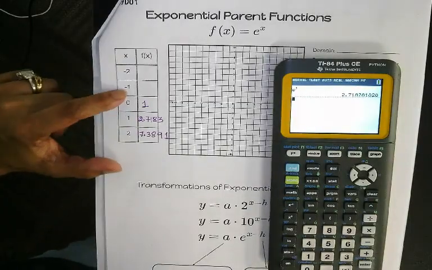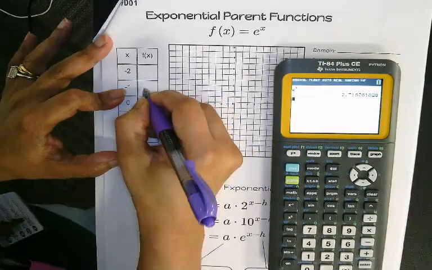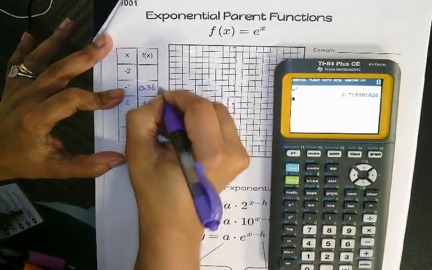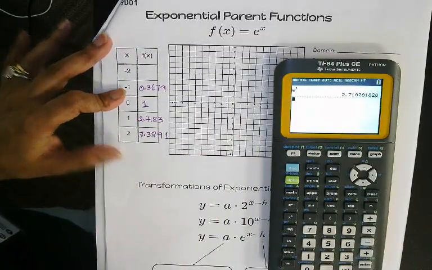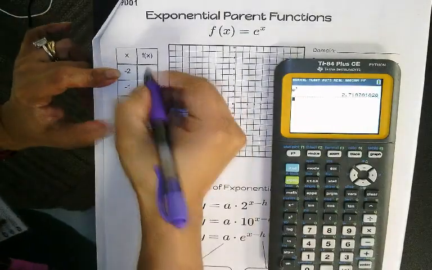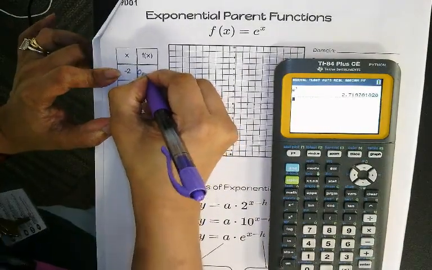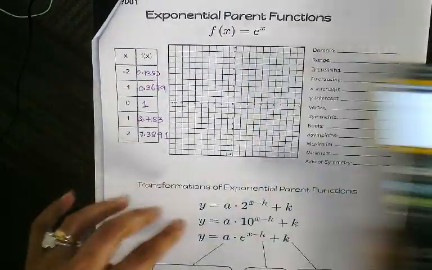Give me the value for e to the power negative 1. 0.3679. Give me the value for e to the power negative 2. 0.1353. Thank you. All right, we're going to plug it in over here.